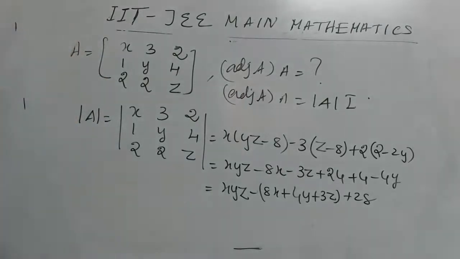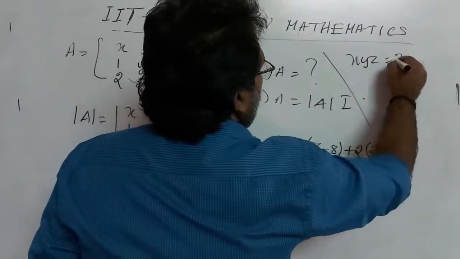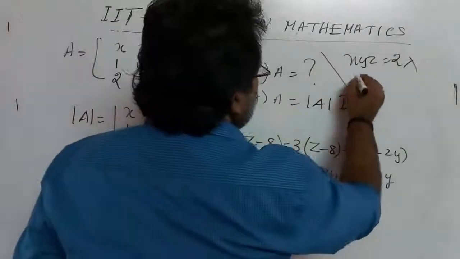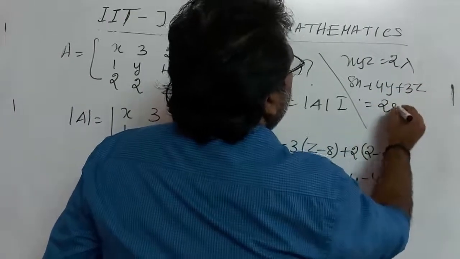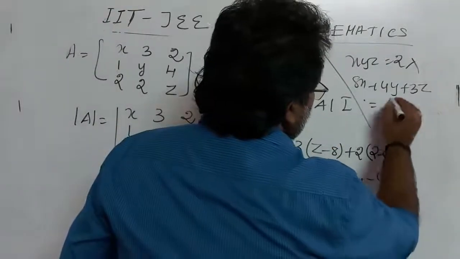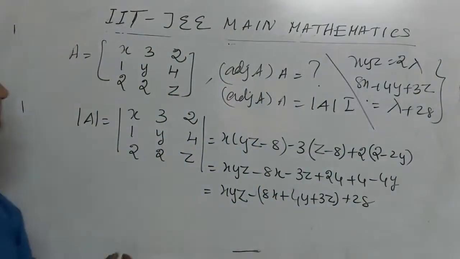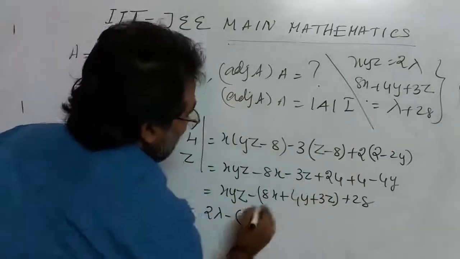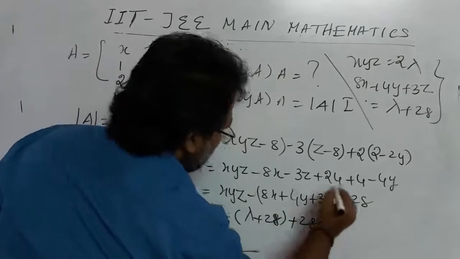But in the question, xyz equal to 2 lambda is given, as well as 8x plus 4y plus 3z equal to lambda plus 28. So these two things are given. You apply here: 2 lambda minus, in place of this we can take lambda plus 28, plus 28.